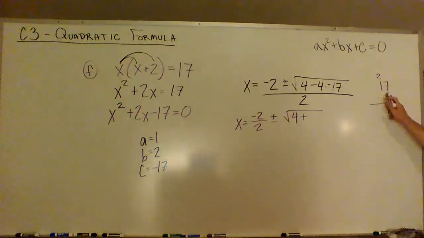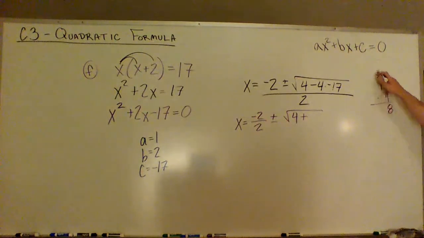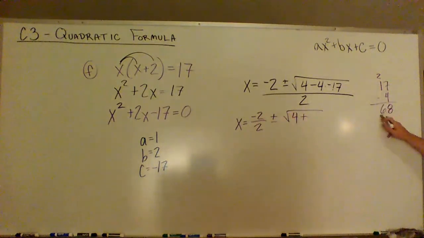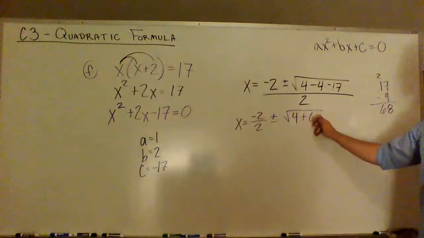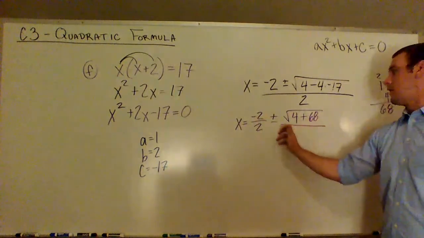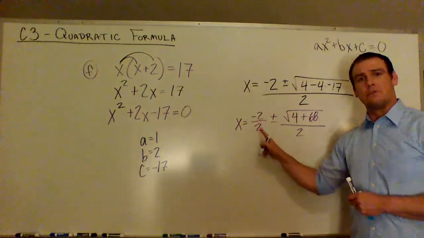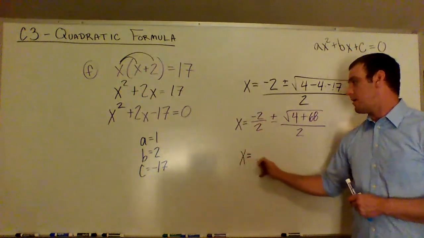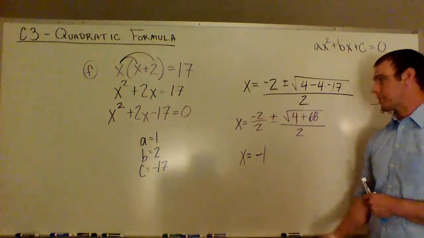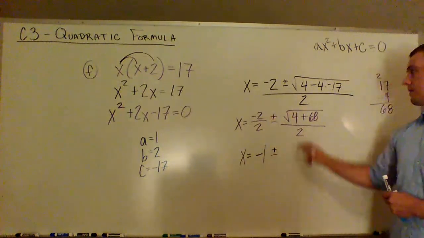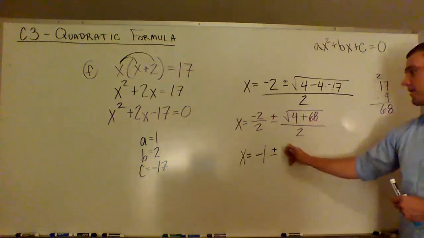Carry the 2. 4 times 1 is 4, plus 2 is 6. You got 68 here. So 4 plus 68 divided by 2. Now, negative 2 over 2 is going to be negative 1, plus or minus. 4 plus 68 is 72.